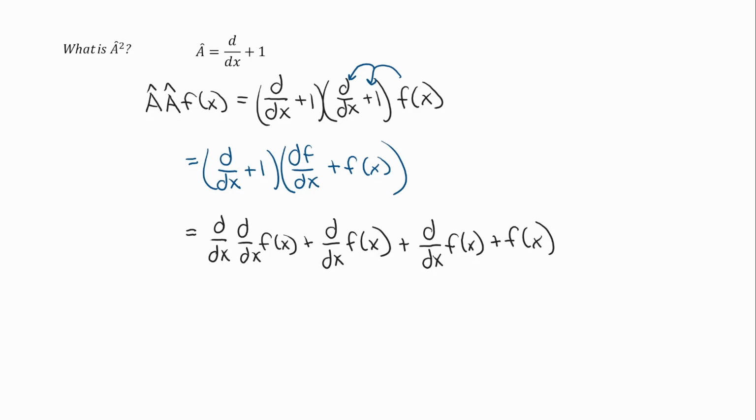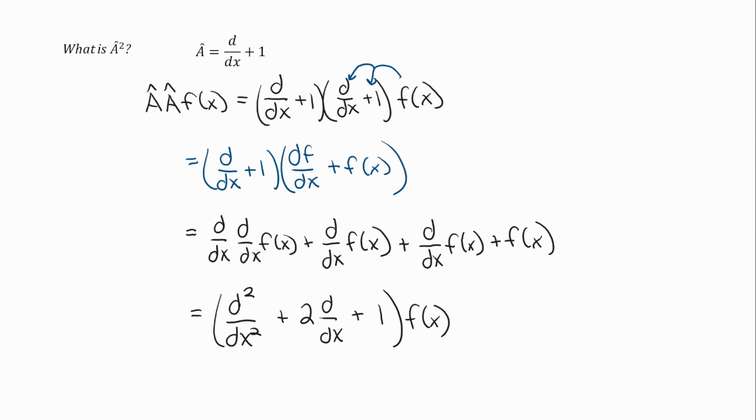So we can combine like terms, and we can see the two terms in the middle are the same. So here, two derivatives applied on our f of x is the same thing as saying the second derivative with respect to x plus 2 times d over dx plus 1, all applied onto our f of x function.